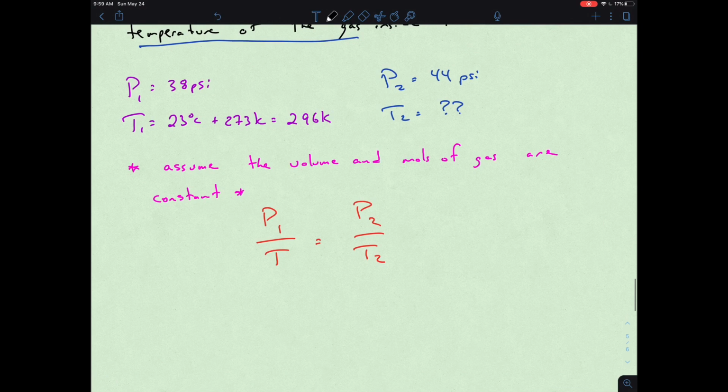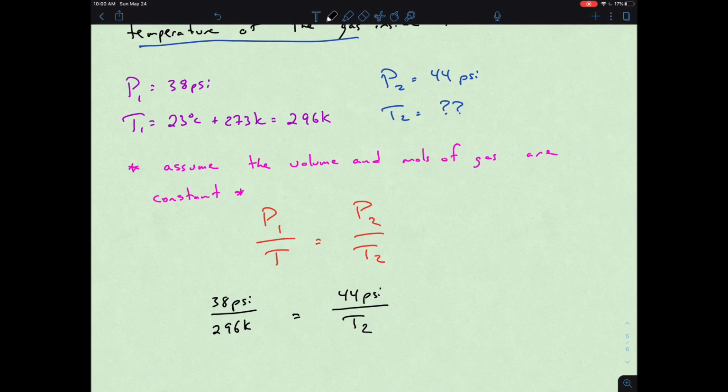And so we can just plug these in. The nice thing about pressure and the simple gas laws is that as long as you're consistent with units, you're fine. Even though we would expect pressure to be in atmospheres or millimeters of mercury, and we have it here in pounds per square inch, the units are going to cancel out as we do the arithmetic, so it really doesn't matter in this particular case.